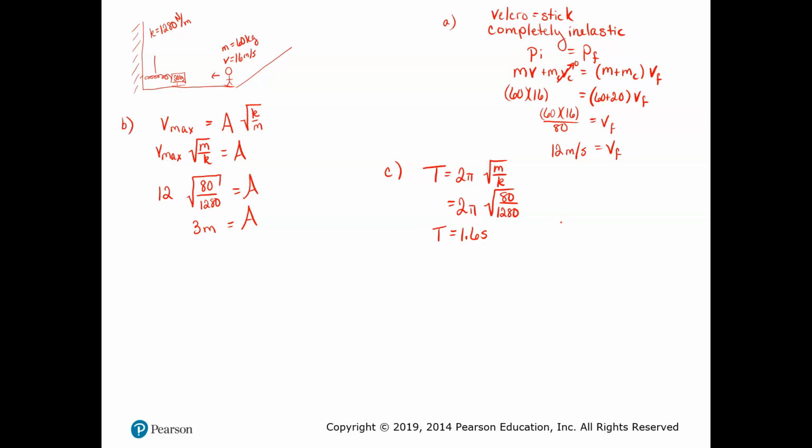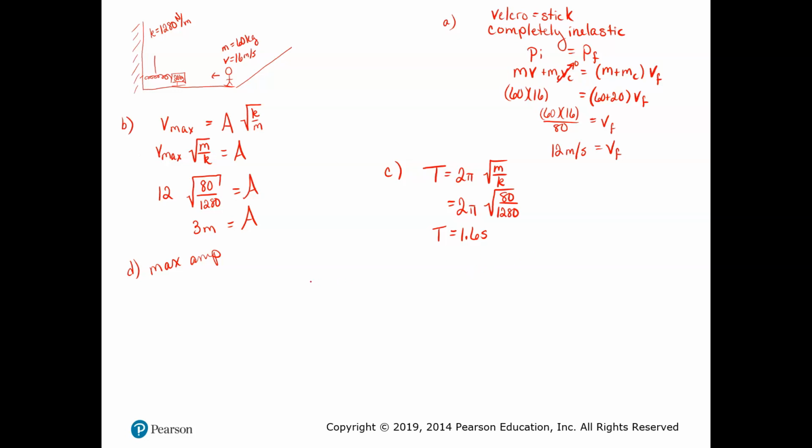So our final question is, what is the maximum acceleration? So the maximum acceleration is going to occur at maximum amplitude. That's where our maximum acceleration is going to occur. It's when it's at its maximum amplitude, because we are pulling it back into the equilibrium the hardest at that location.